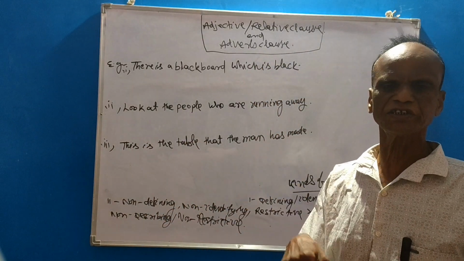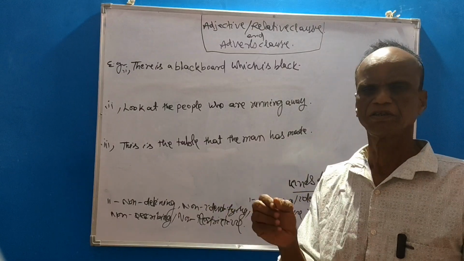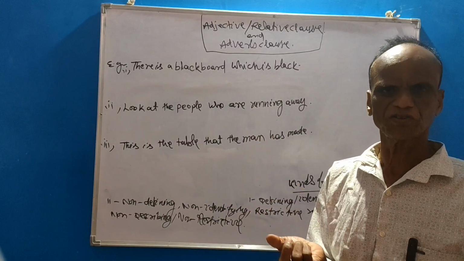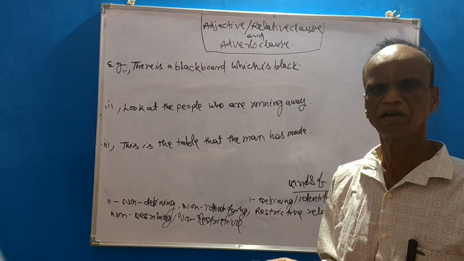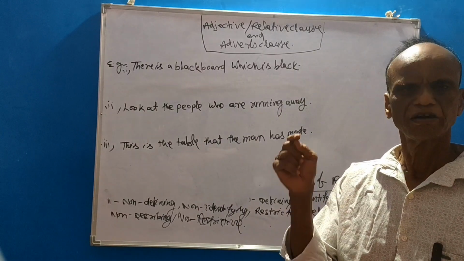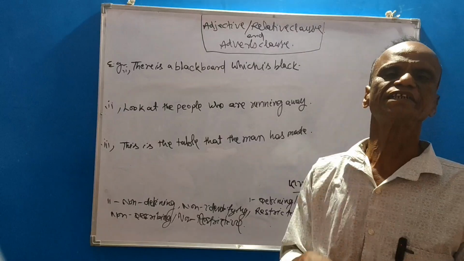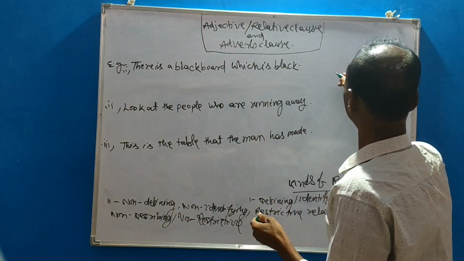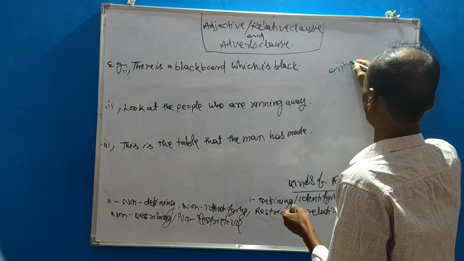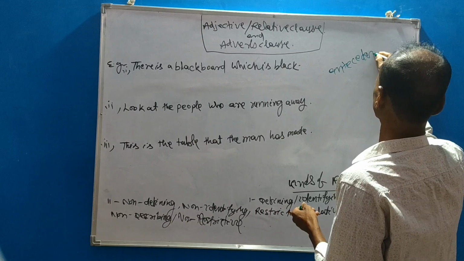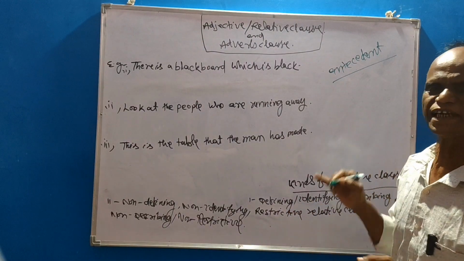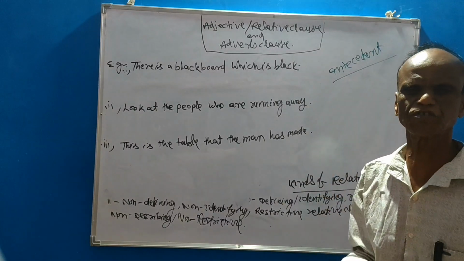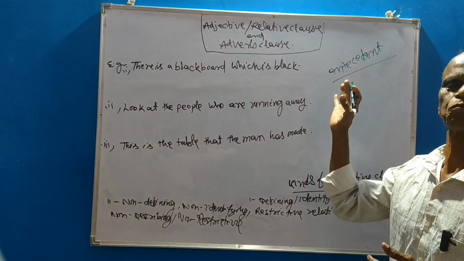Some adjective clauses are also known as relative clauses because they modify a noun or pronoun in the main clause, that is the antecedent. Okay? Antecedent means preceding things, preceding parts of speech, that is purvapada.